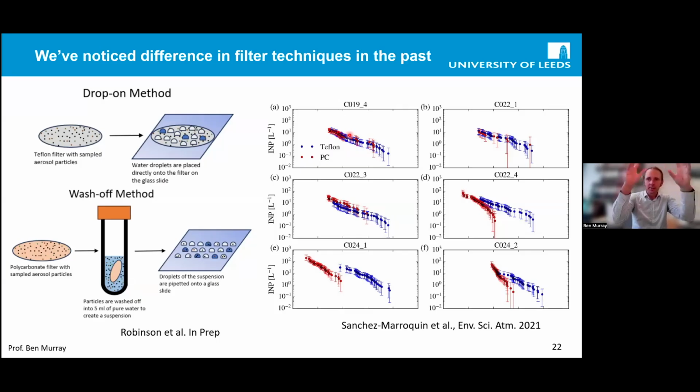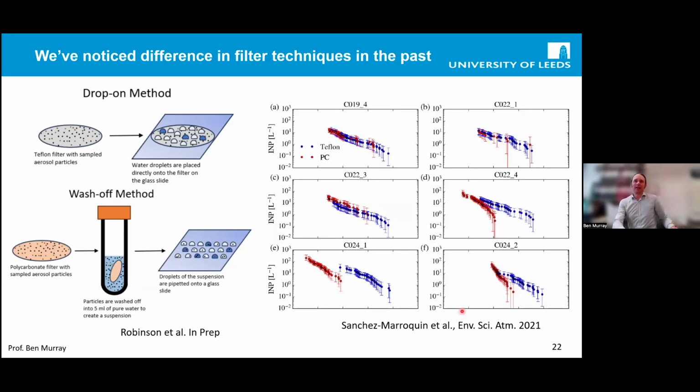So we're sampling the same air at the same time, for the same amount of time. You can see in some cases, the agreement between the two techniques is excellent. No problems at all. And then in other cases, the polycarbonate is often lower than the Teflon, especially at the higher temperatures.